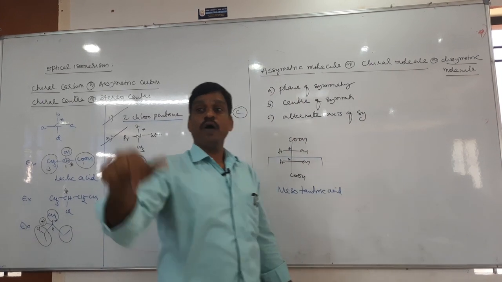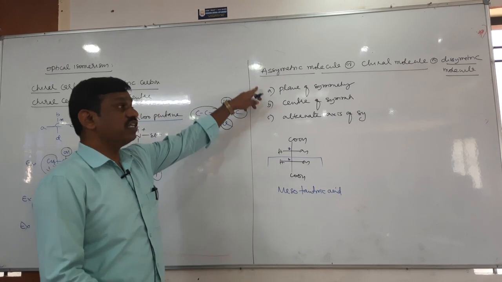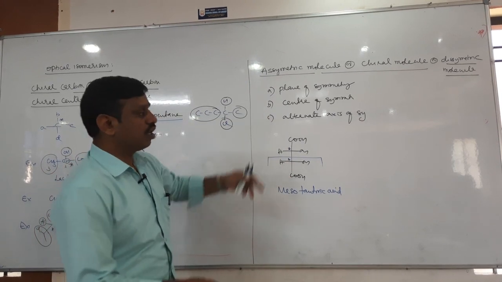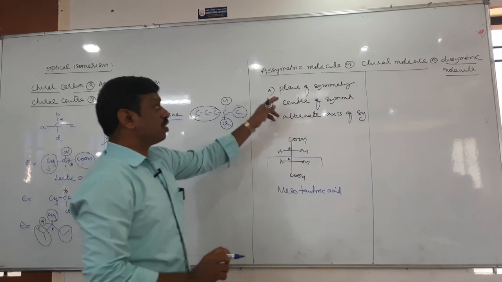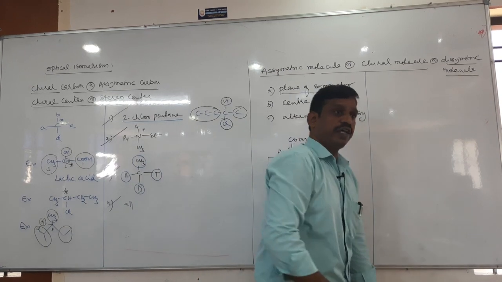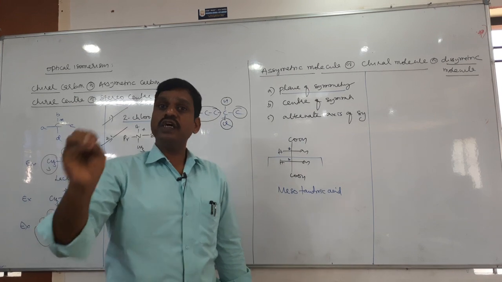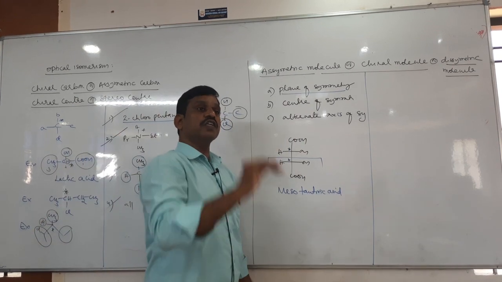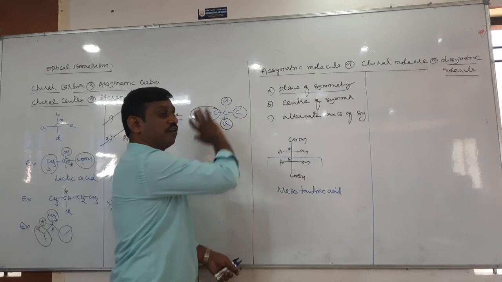Then how to identify optically active or inactive? It is the presence of what? These three elements of symmetry. Now let's see the meaning of these three elements of symmetry. First one, plane of symmetry. So what is a plane of symmetry? Plane of symmetry is an imaginary plane which divides the molecule into two equal halves such that one half of the molecule is a mirror image of the other half.